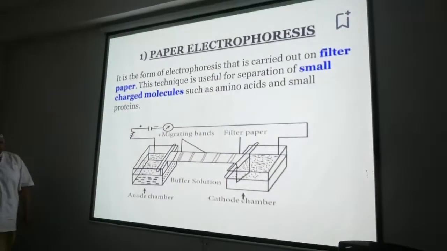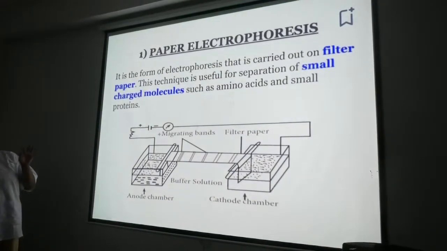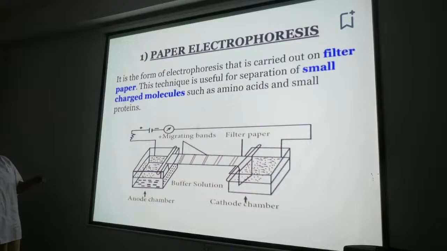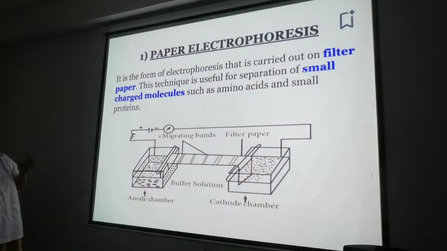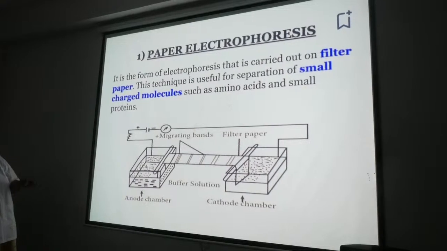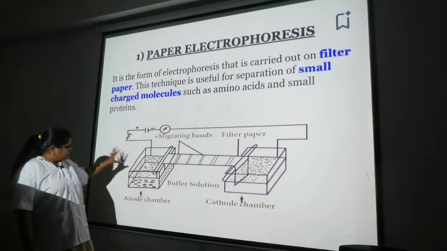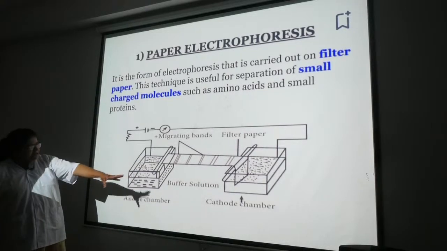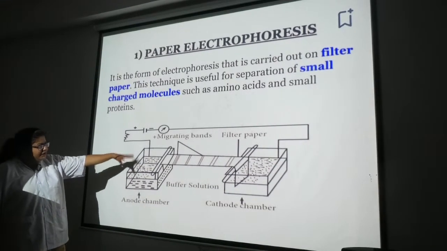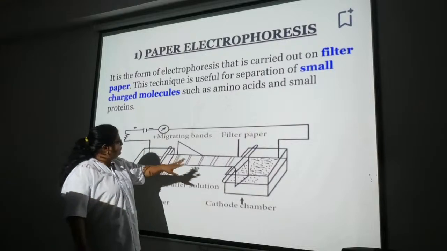Now this is paper electrophoresis. It is the basic form. It is the form of electrophoresis carried out on filter paper, and this technique is useful for separation of small charged molecules such as amino acids and small proteins. These are the anode chamber and cathode chamber. Here the buffer solution is kept. This is the filter paper.